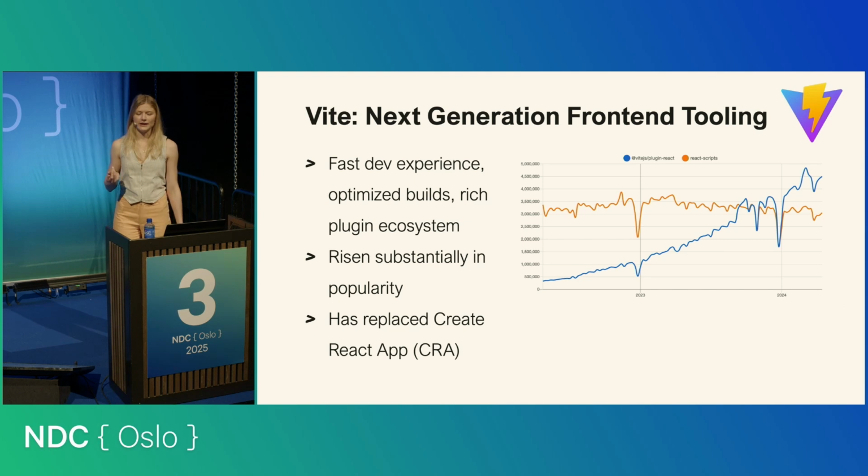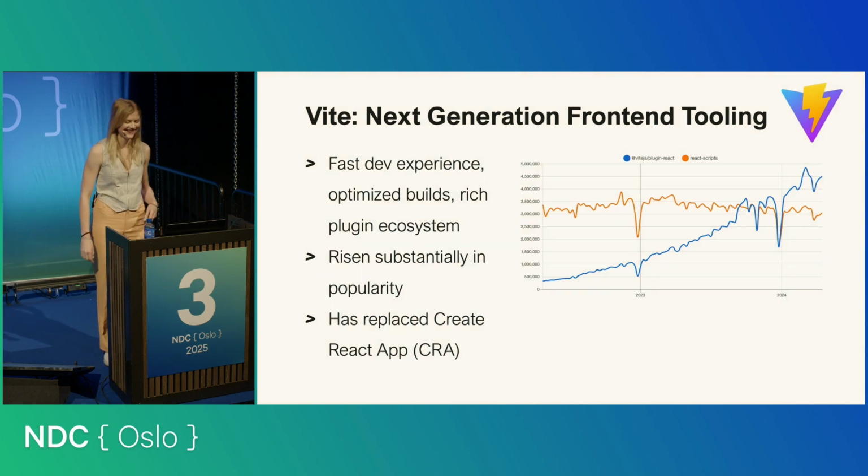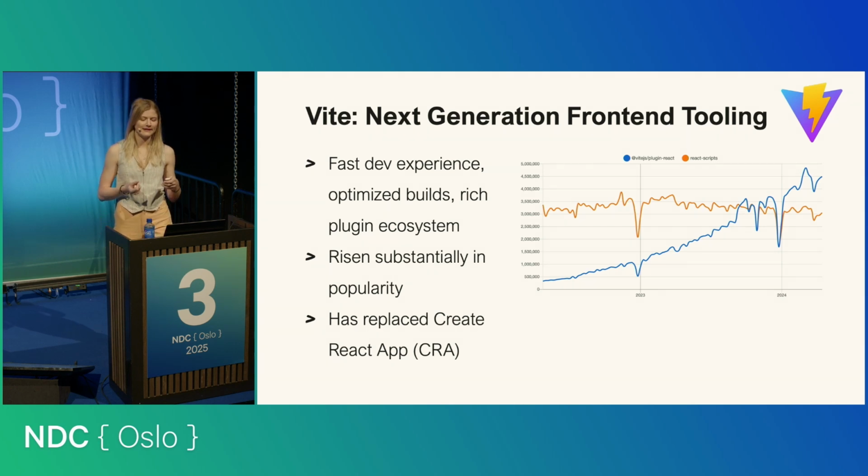Another piece of the story is Vite. Do you know Vite? Who knows Vite? Great. So Vite is a front-end tool that provides optimized builds and faster dev experience. It has a rich plugin ecosystem and an API that can be easily used to integrate seamlessly with frameworks. It was created for Vue.js, but it's now used by almost every framework, for example, Svelte and Astro.